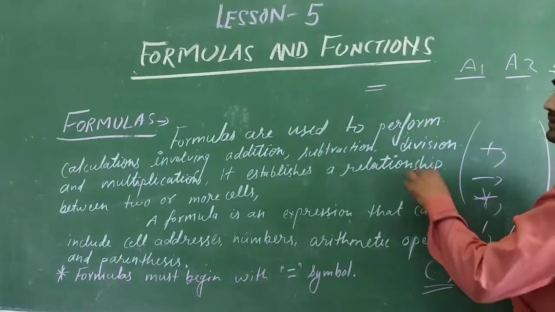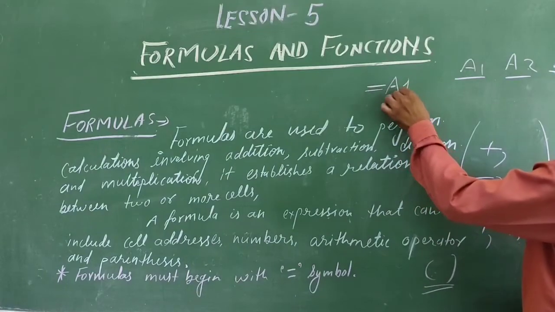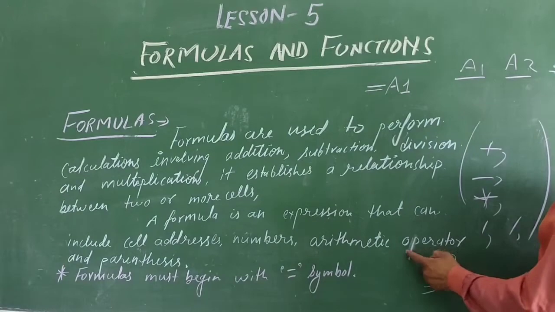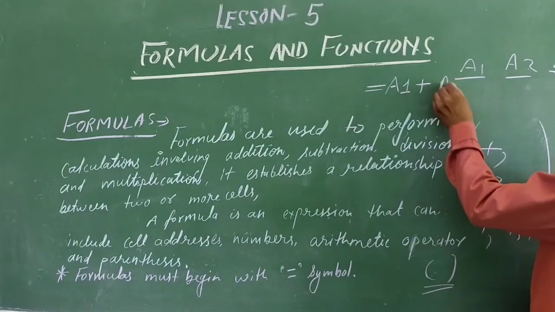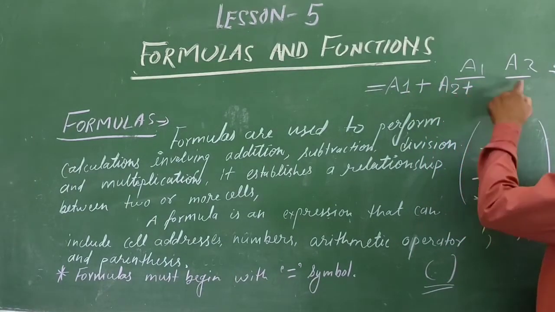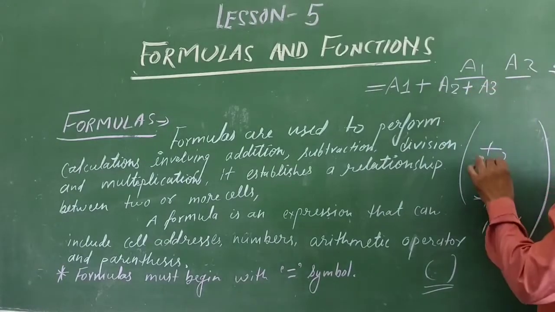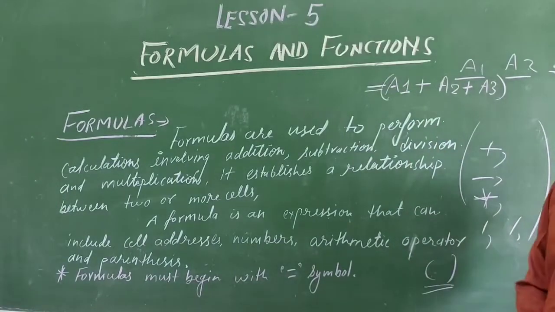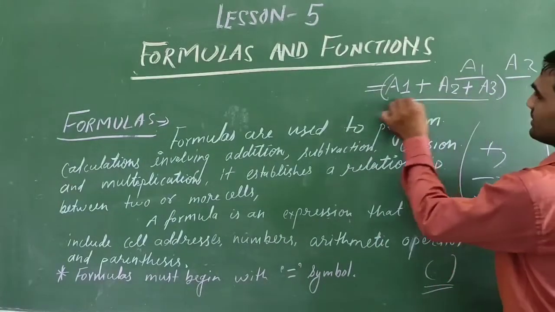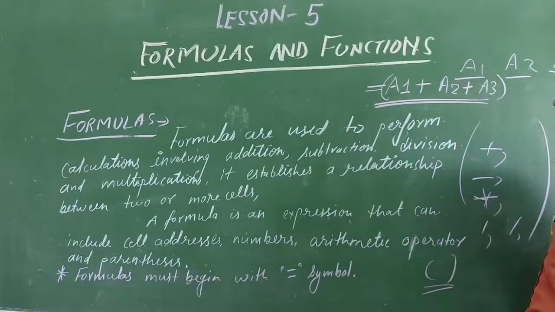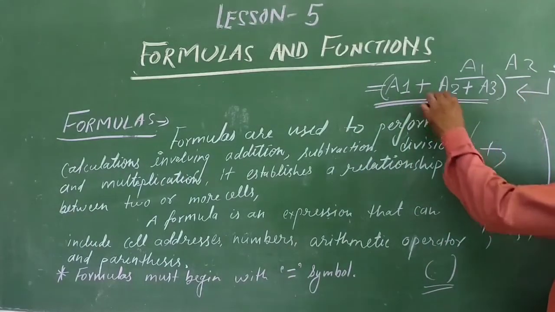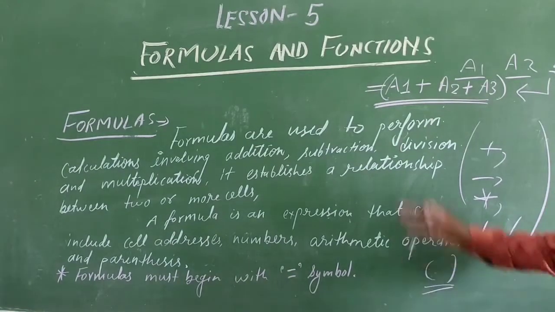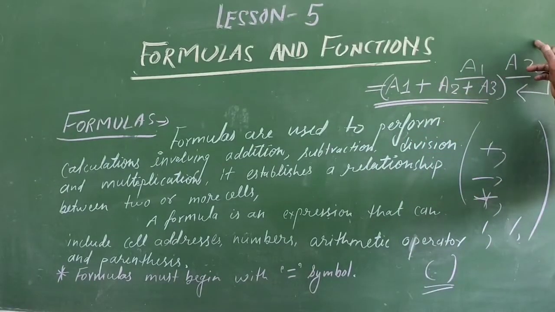I'll use the equal sign, then cell address A1, then the addition operator, then A2, again the addition operator, then A3, and I'll also use parentheses. So this is the formula concept. After that I'll press the Enter key, and I will get the actual value of this cell address.